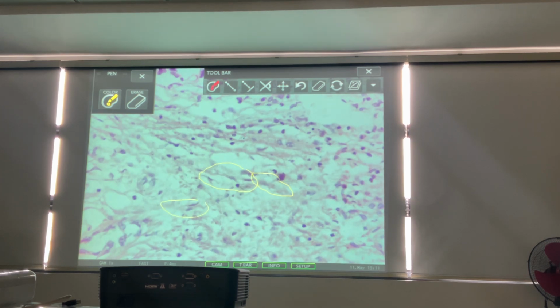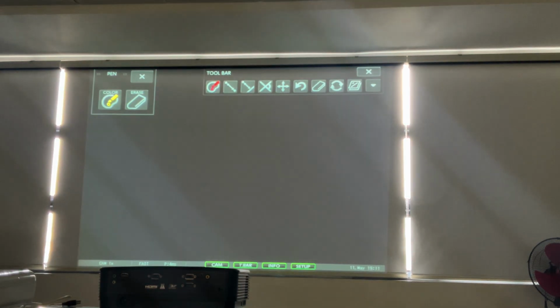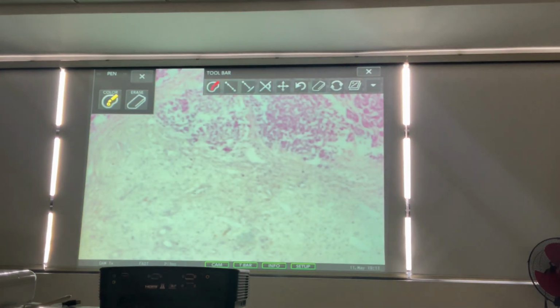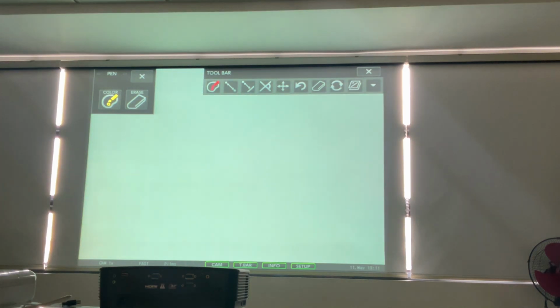Notice their nuclei is also elongated. So these are the three cellular components that make up your Wilms tumor. So blastema, abortive tubules or glomeruloid bodies, and then your elongated cells or your spindle cells.